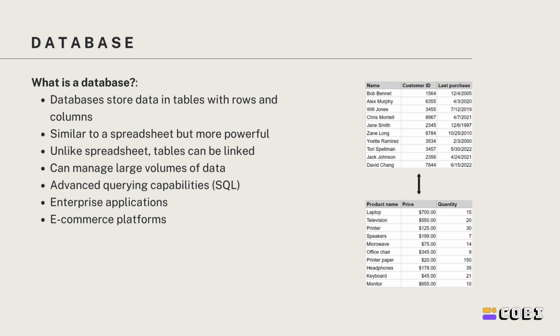They have a language, SQL, that lets you search through the database. These are used for large businesses, enterprise, or e-commerce platforms like Shopify or Amazon. And here we have two tables. We have one that's full of customers and the other that's full of products, and we're going to link these in a simple example.